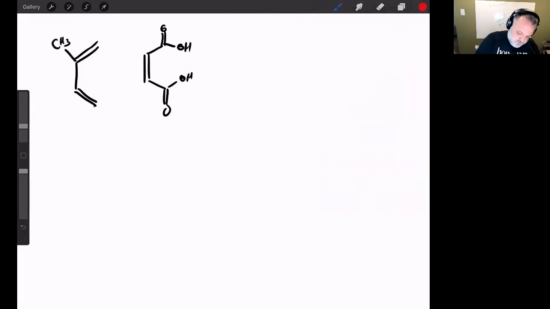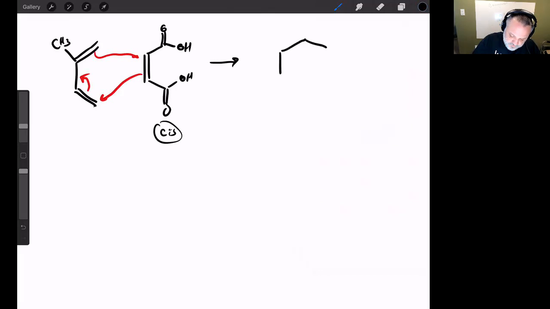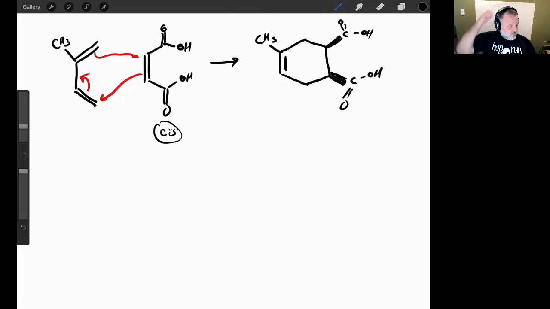What's the product here? Just draw the mechanism again to remind myself. Probably won't do that anymore. Now, this is cis, so that means that in the product, these two groups will point the same direction. So it's a carboxylic acid group. Okay, so that takes care of that.